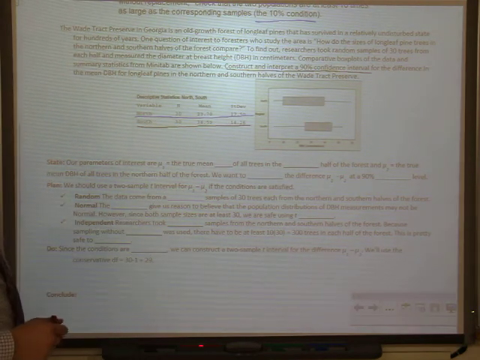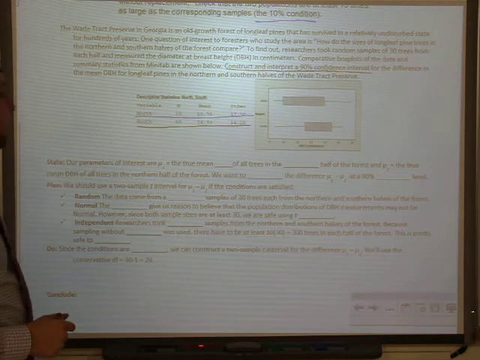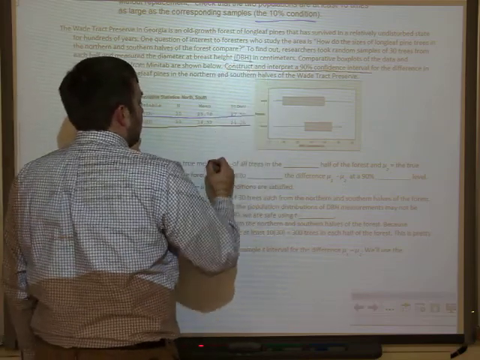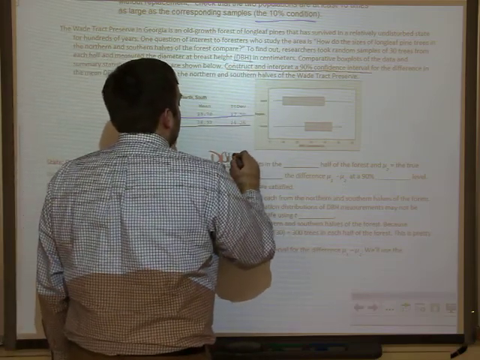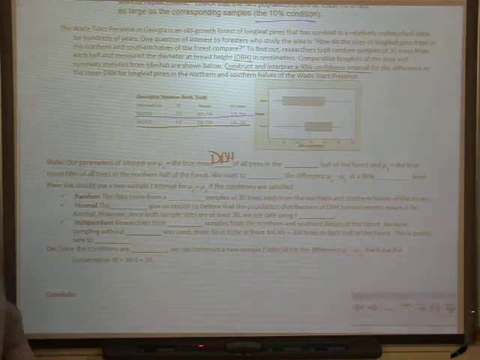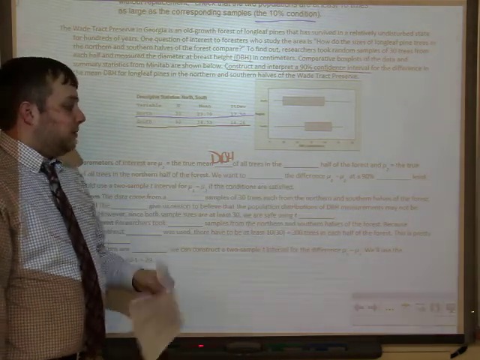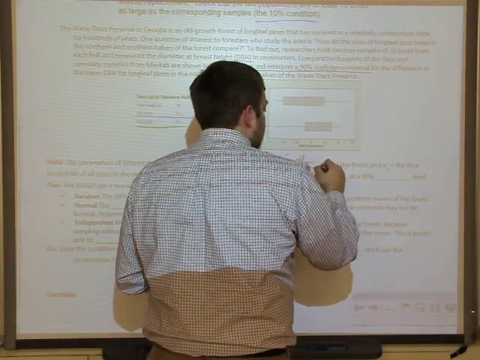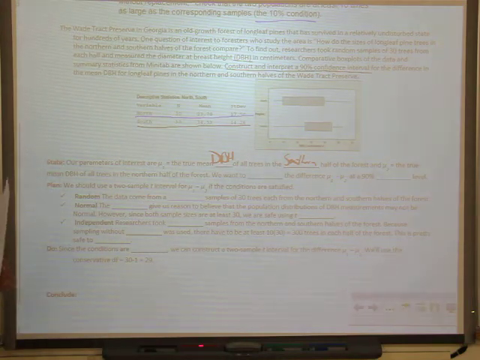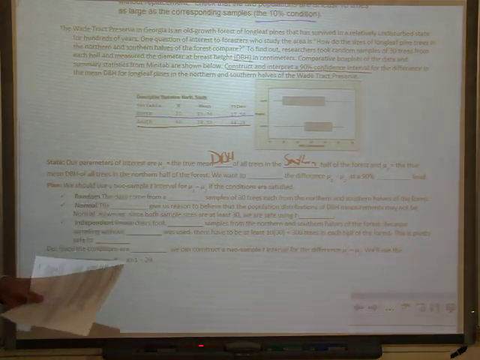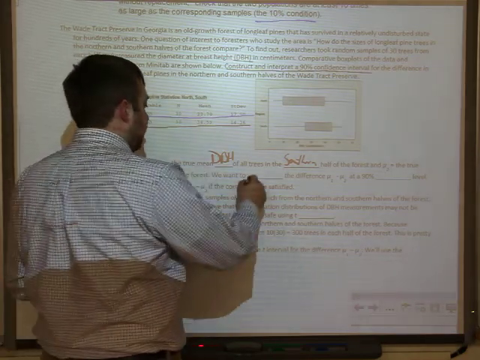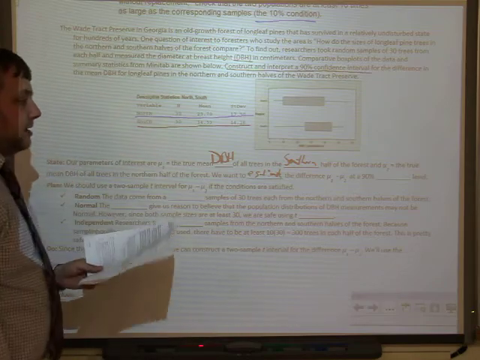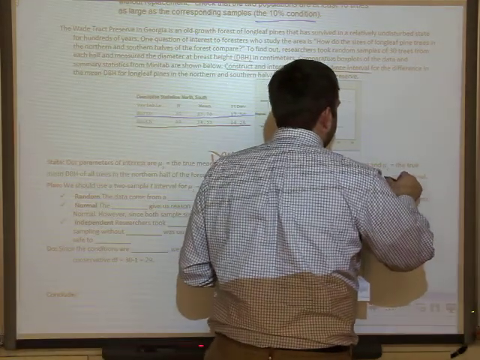We state our parameters of interest: the true mean DBH, diameter at breast height, of all trees in the southern half of the forest, and the true DBH of all trees in the northern half of the forest. We want to estimate the difference at 90% confidence.